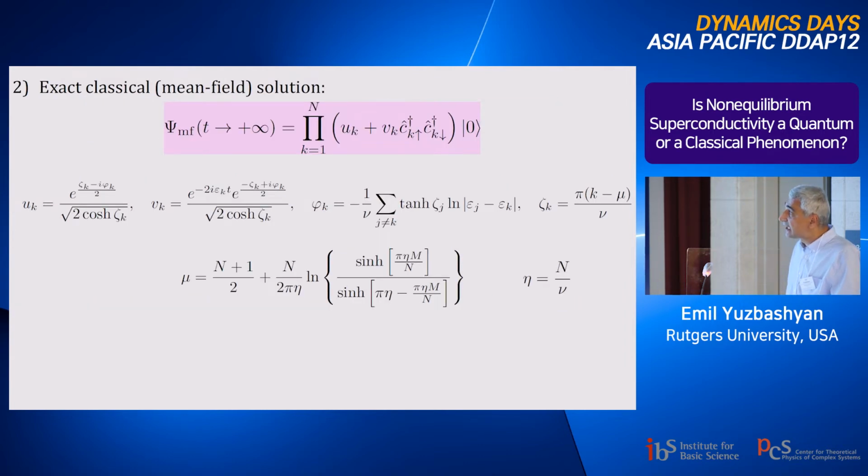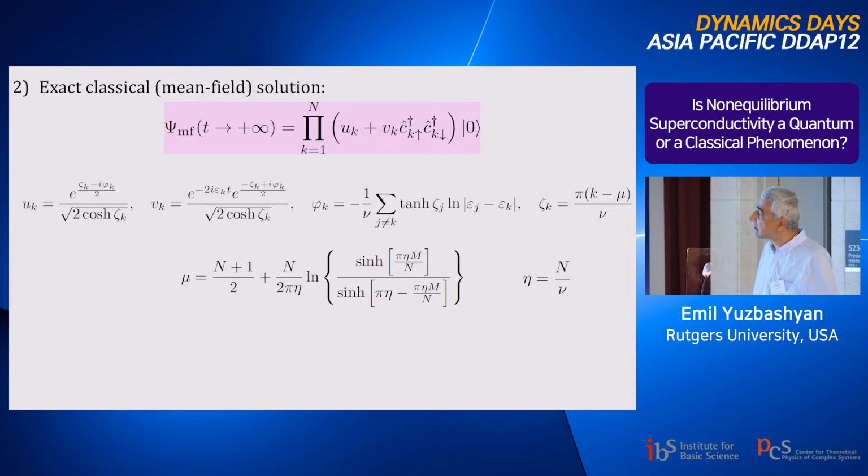So here is the exact classical solution. Here I switch from the spin language back to the original fermion language. So this is a BCS-type wave function. Here are U_k and V_k, known as Bogoliubov amplitudes, explicitly and exactly. The time dependence has the same form as in the exact quantum solution.